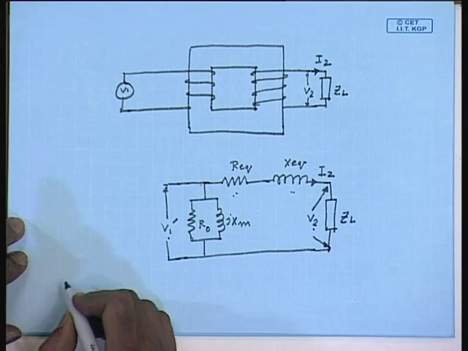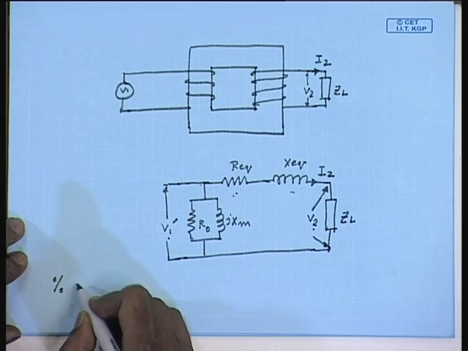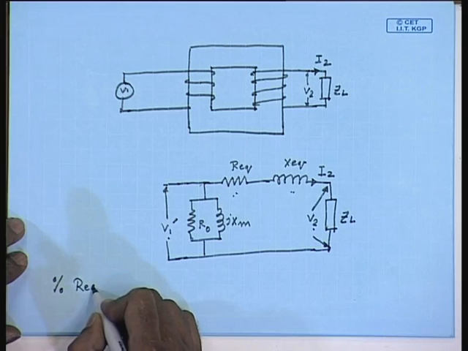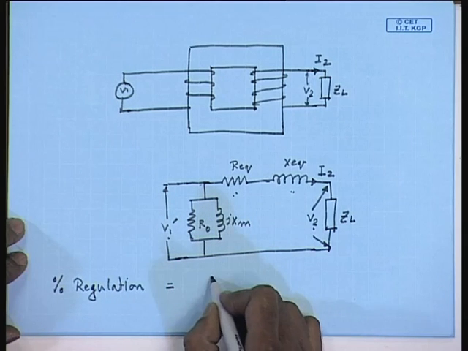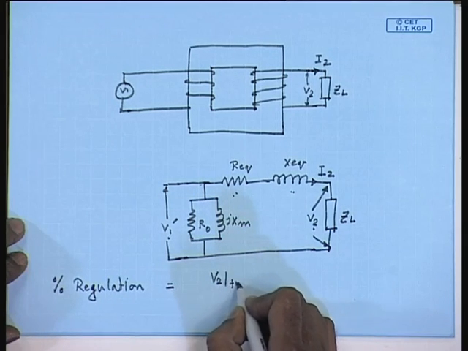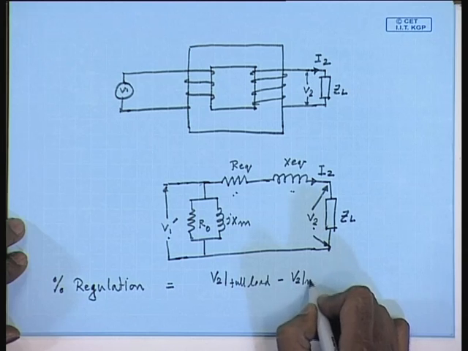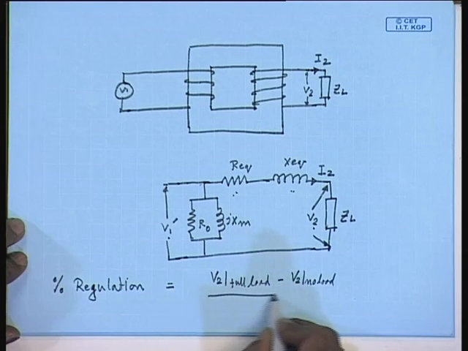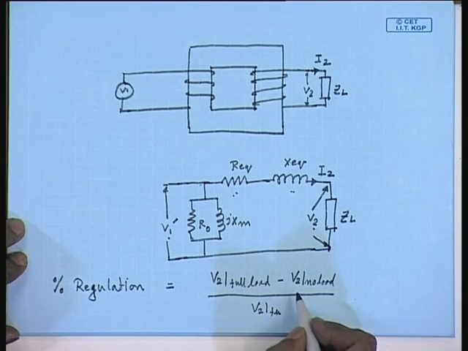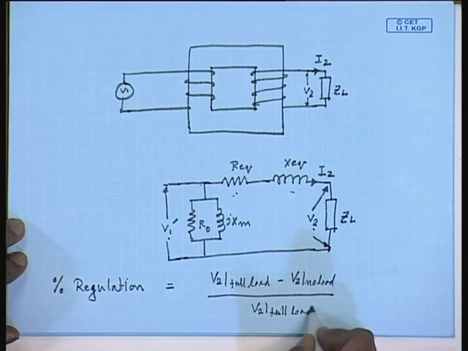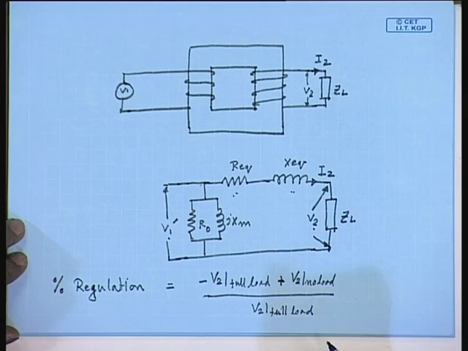That is, full load percentage regulation of a single phase transformer is defined as V2 at no load minus V2 at full load, divided by V2 at full load.